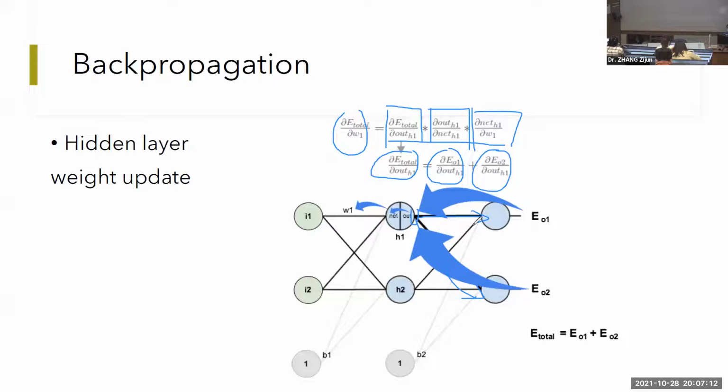So this is also a complexity. If you have a broader network, then this one will have more components added together. For example, if you have 3 output nodes, then hidden node 1 connects to 3 output nodes. You probably add another E_o3 and take the derivative against the output of hidden node 1.